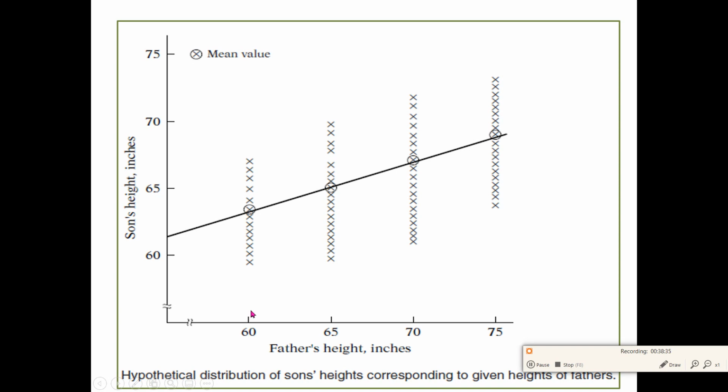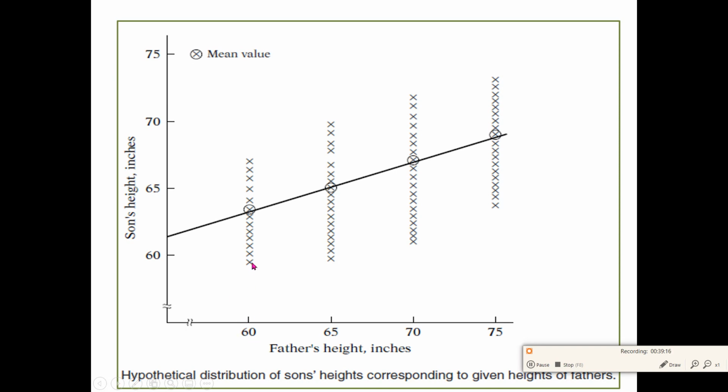Let me put it another way: a father whose height is 60 may have one son whose height is this cross, whereas another father whose height is also 60 has a son at, let's say, this cross level, right? So what is it saying? That even if the height of the father is the same, the height of the son can be different, right?